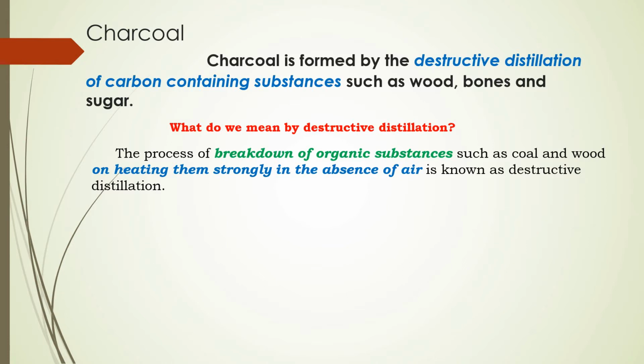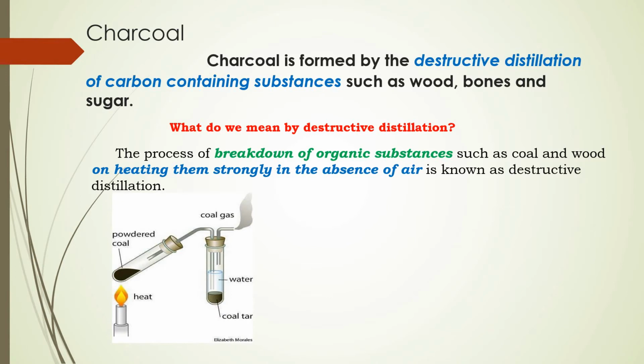So all organic substances, for example coal and wood, we can heat at very high temperature in the absence of air to get charcoal, and that process is called destructive distillation.